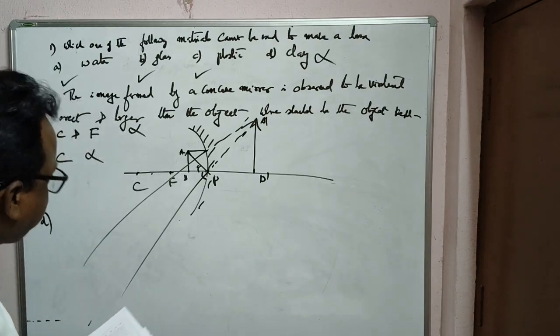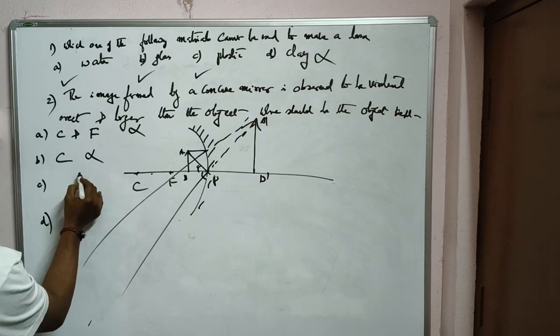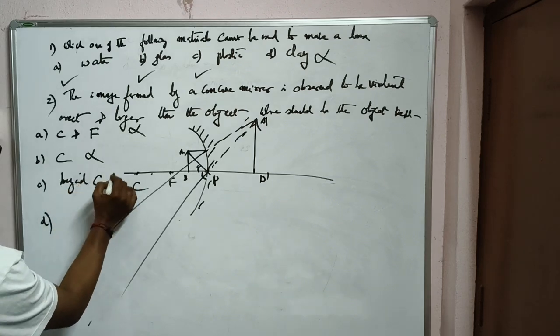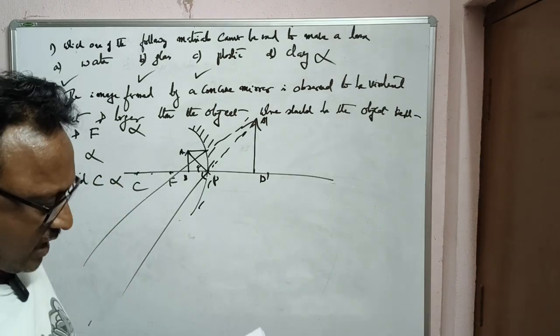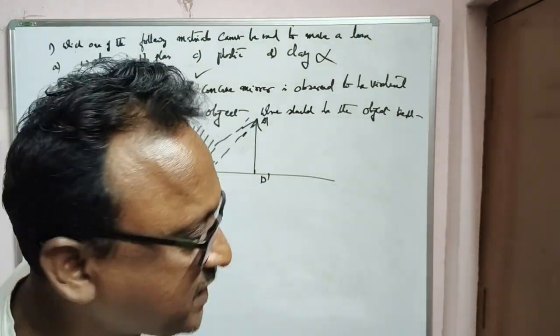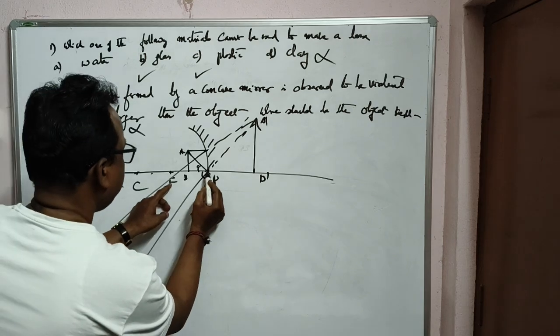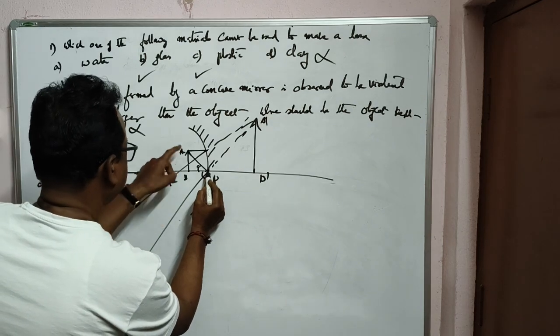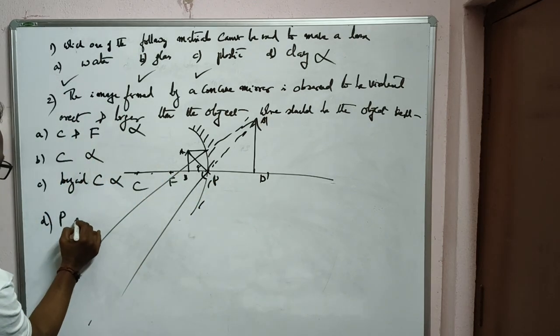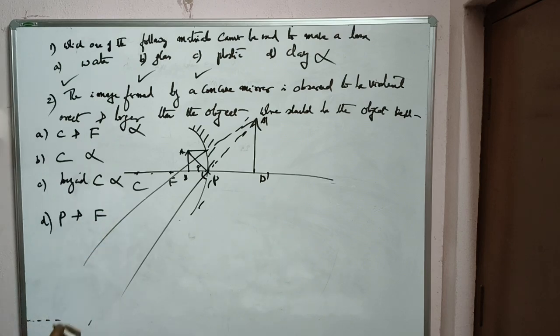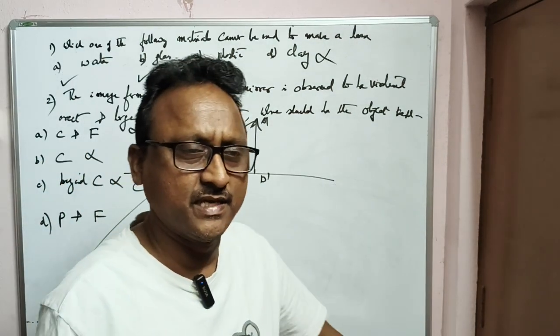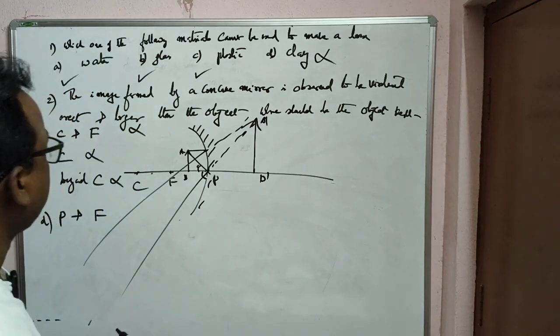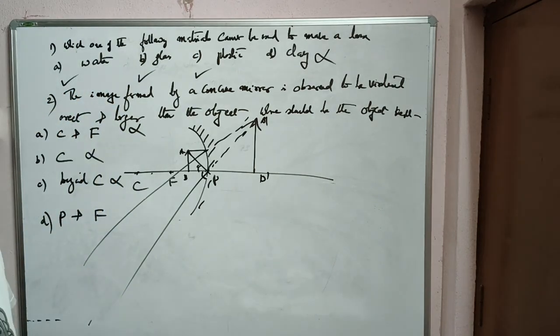Third one, beyond the center of curvature, that means beyond C. This is also wrong. Now the last one, between the pole of the mirror and the principal focus. This is the correct one. Between P and F. Then only you can see the image is virtual, erect and of course a little magnified. That is the second one, please.